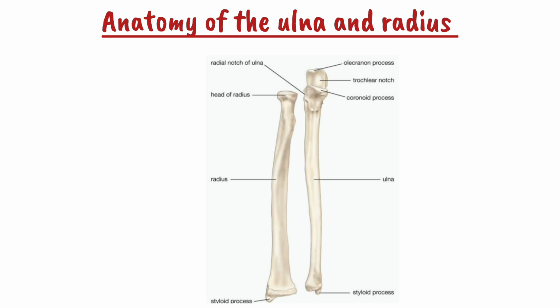The ulna, being the more stable of the two bones, has key landmarks that contribute to elbow function and stability. Number 1. The olecranon process. A large curved projection at the proximal end, forming the bony prominence of the elbow.